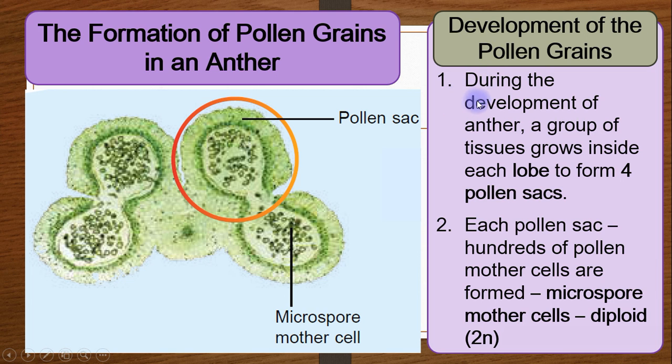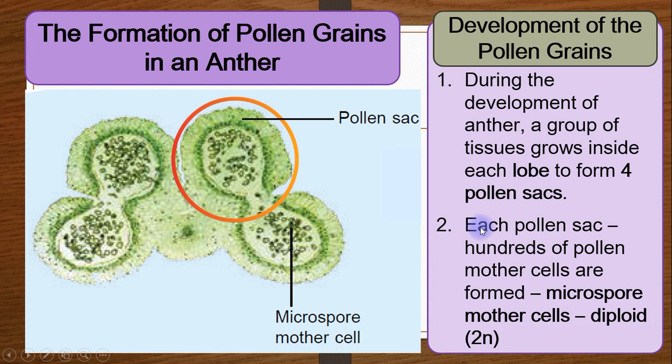During the development of the anther, a group of tissues grows inside each lobe to form four pollen sacs: 1, 2, 3, 4. So in one anther, four pollen sacs are formed.